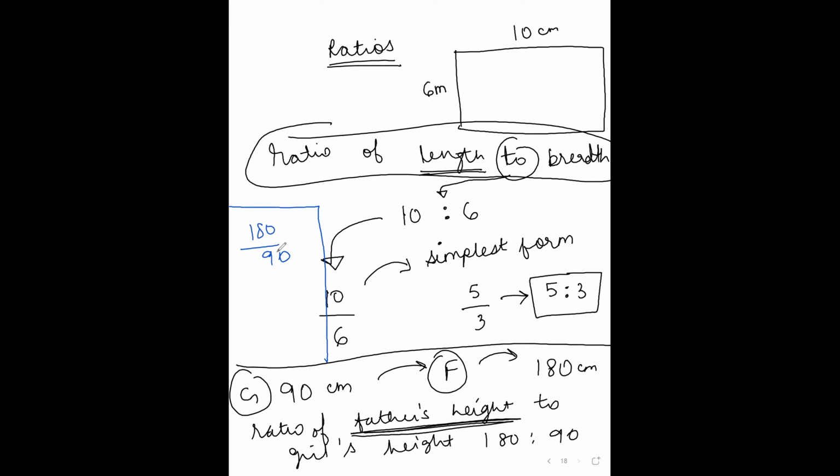So can we cut the zeros? Exactly. Then 18 by 9 gives 2 by 1. So the ratio becomes 2 is to 1.